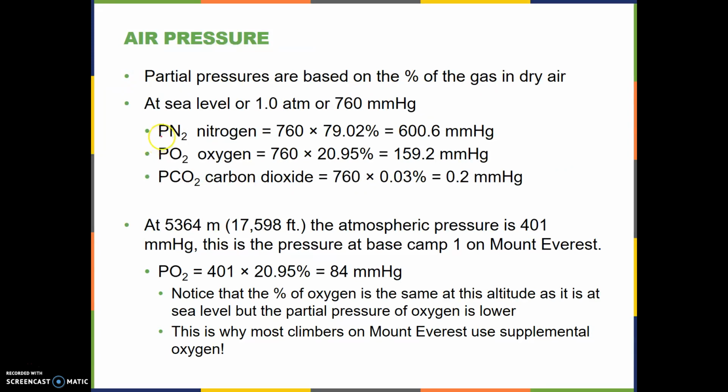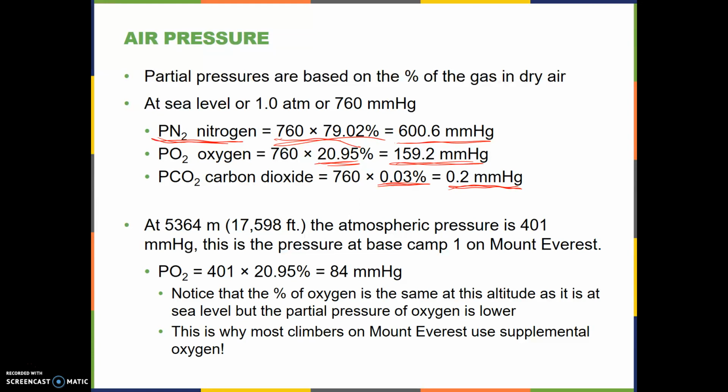Nitrogen is 79%, so it's going to exert a partial pressure of 79% of 760, which is 600.6 millimeters of mercury. Oxygen is going to exert about 21%, so that translates to 159.2 millimeters of mercury. And carbon dioxide is much lower. It's going to exert a partial pressure of 0.03%, which is 0.2, not even 1 millimeter of mercury.